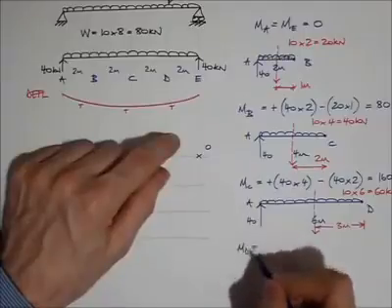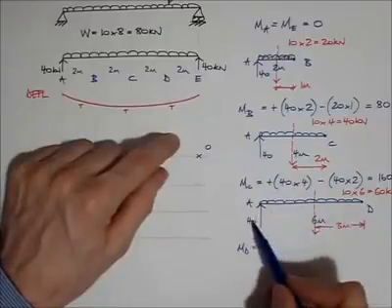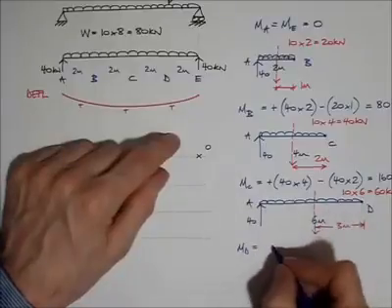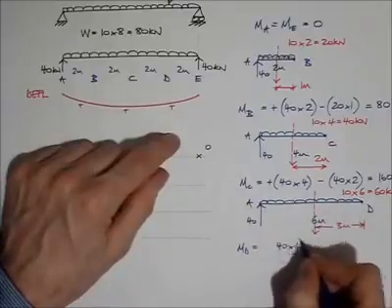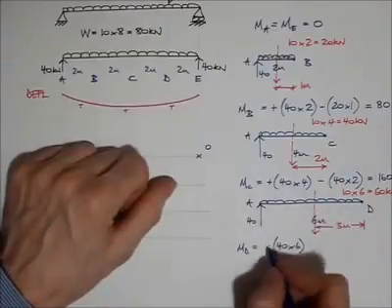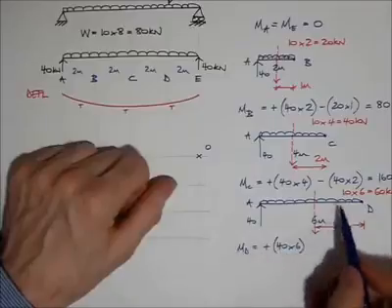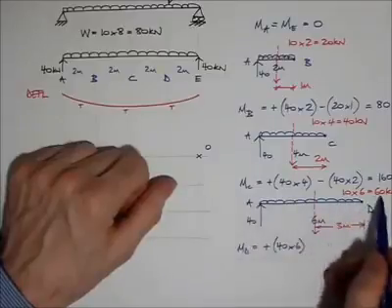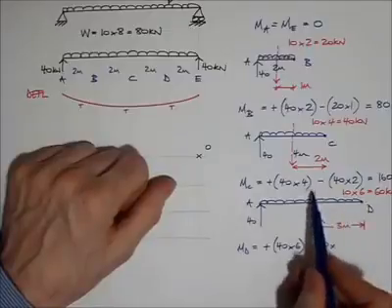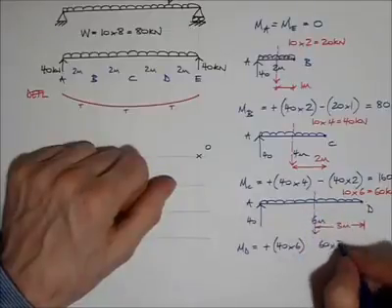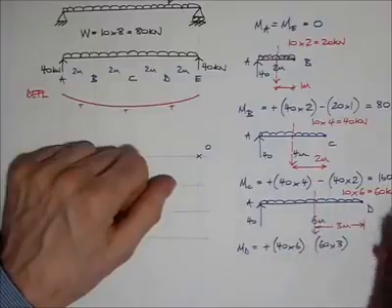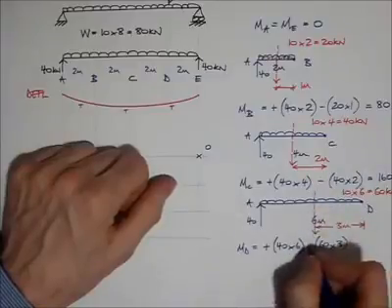MD equals 40 here, and that's at a distance of 6 meters from point D. 40 times 6. That's going to go clockwise around point D, so it's positive. Then I have the UDL, which is 60, and that's acting at a distance of 3 meters from point D. And I think that would go anti-clockwise around point D, so that's negative.